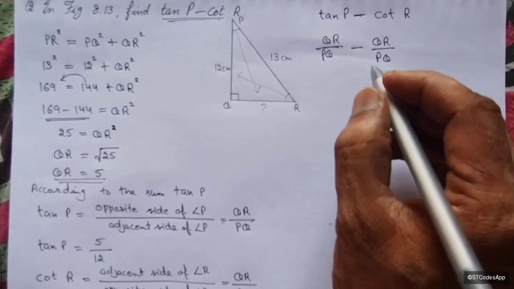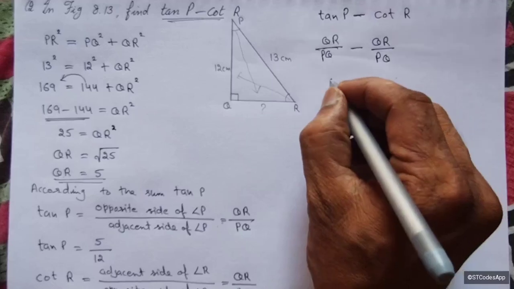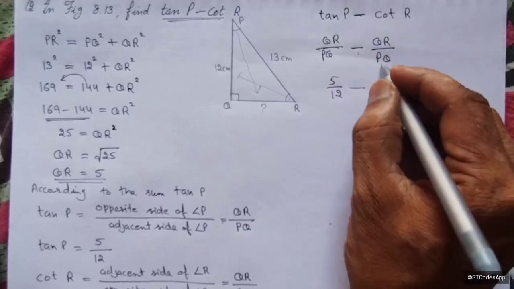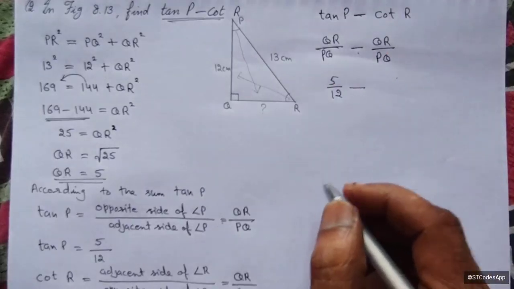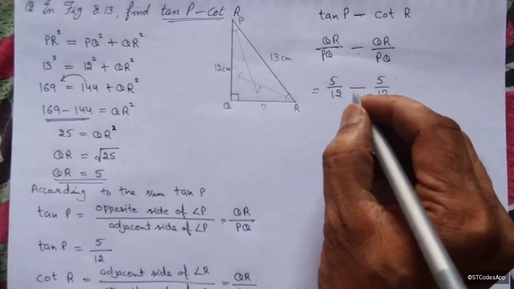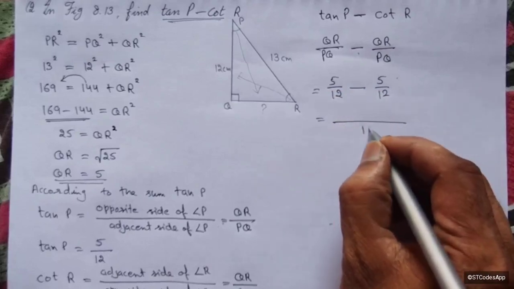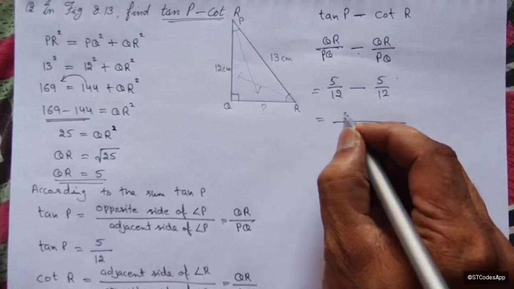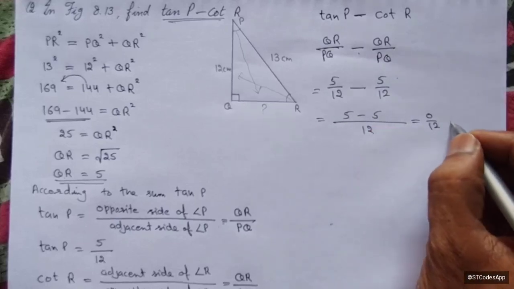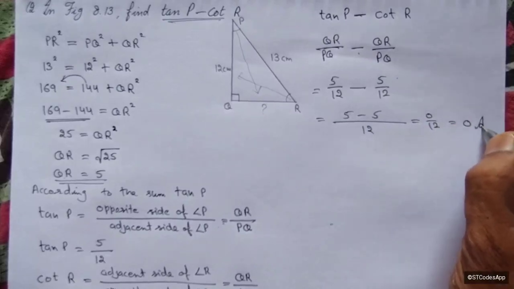So whatever values we found, we have to fill in: 5 divided by 12 minus 5 over 12. Now we will solve this. LCM is 12, then 5 minus 5 is equal to 0 over 12. When 0 is divided by 12 we will get 0. So 0 is the answer.